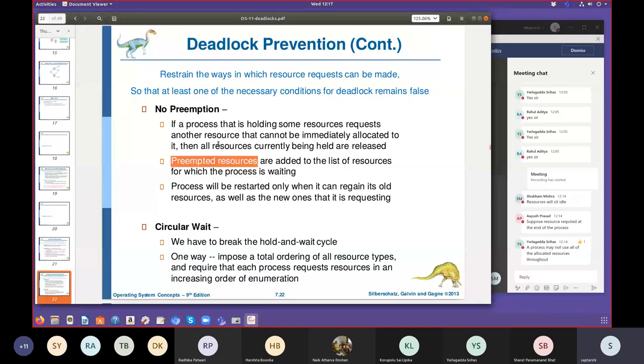Also, for this particular process which is being put on hold, later when it resumes, it will need these preempted resources back. Therefore, these preempted resources are added to the list of resources for which the process is waiting. So possibly this process will be resumed at a time when all these resources for which it is waiting are available.